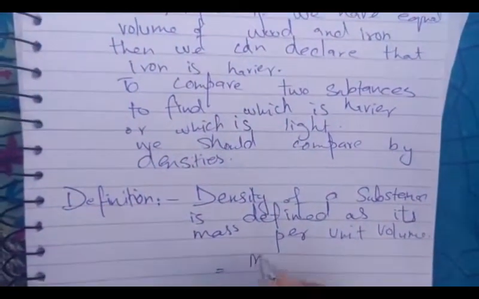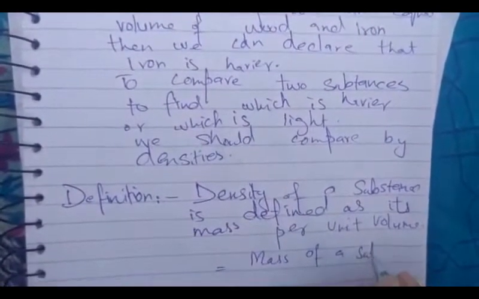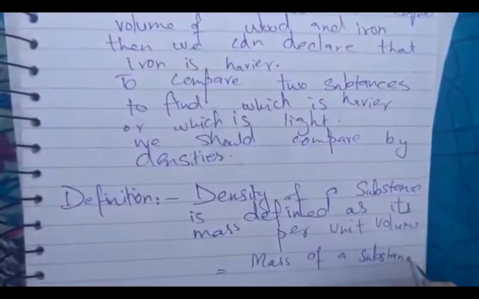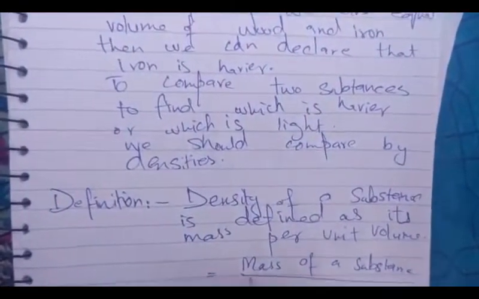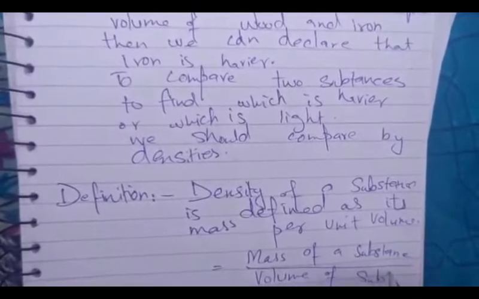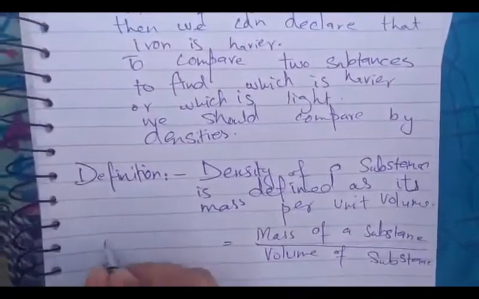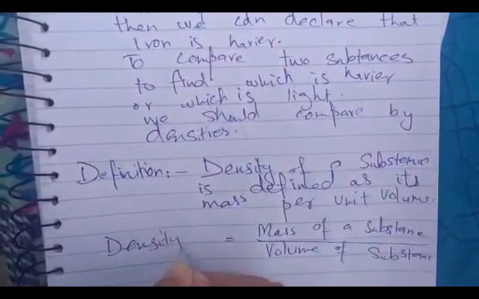So the mass of a substance per unit volume of a substance is called its density.